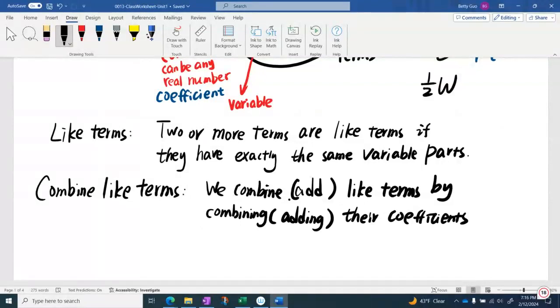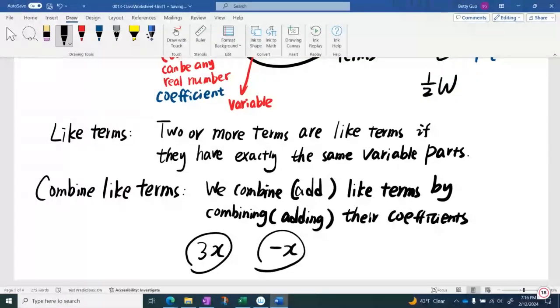Earlier, we have 3x and a negative x, right? We agree those two terms are like terms because they have exactly the same variable parts, x. Then when we see the two terms in an expression, we are able to combine them.